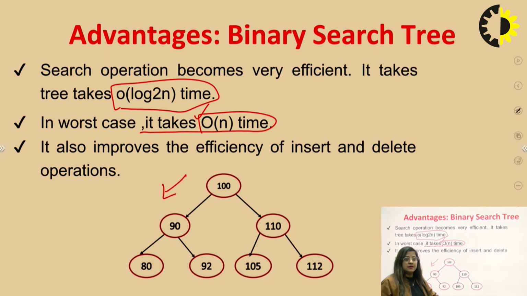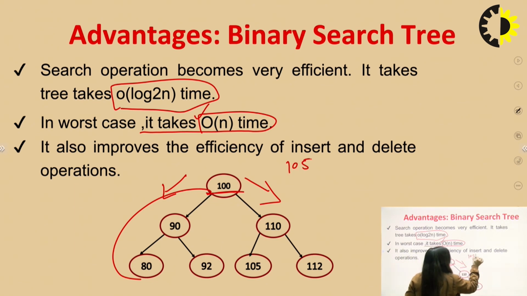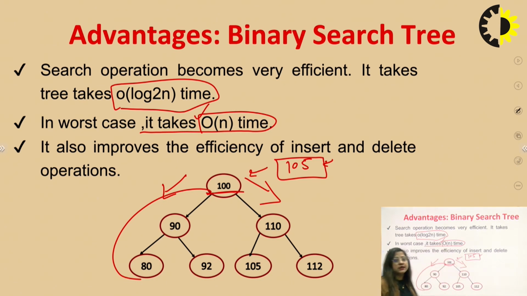But if your searching number is greater, it goes to the right side. So the remaining other part is totally skipped. Means if your number is 105 and you want to search it in this given BST, first of all 105 is compared with 100. After that, check whether it is greater or less.